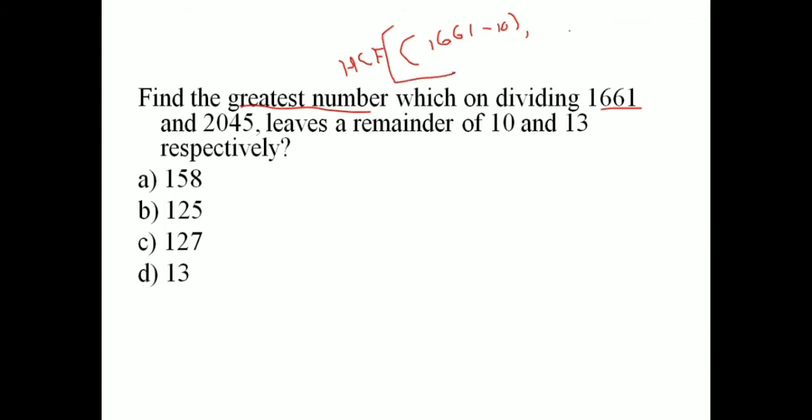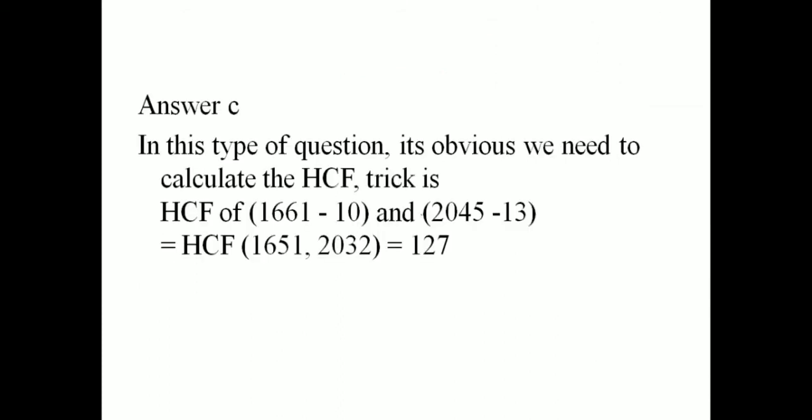The greatest number can be calculated using this method: HCF of the given number minus its remainder, that is 1661 minus 10, 2045 minus 13. So what are we getting? 1661 minus 10 is 1651, 2045 minus 13 is 2032.